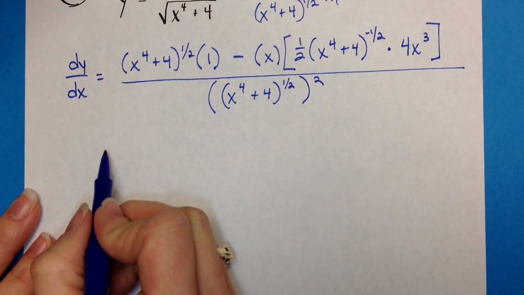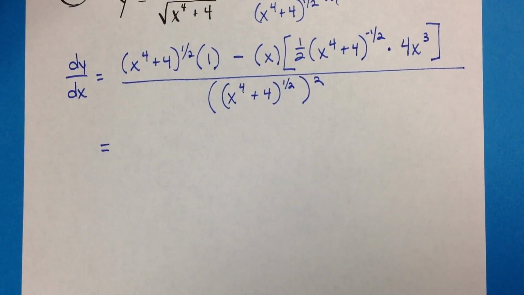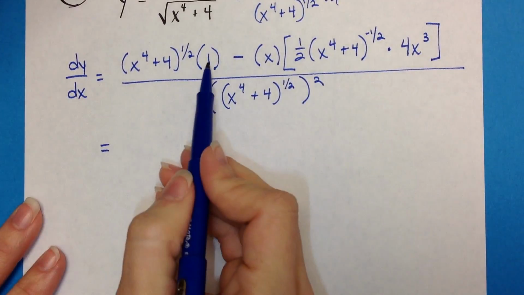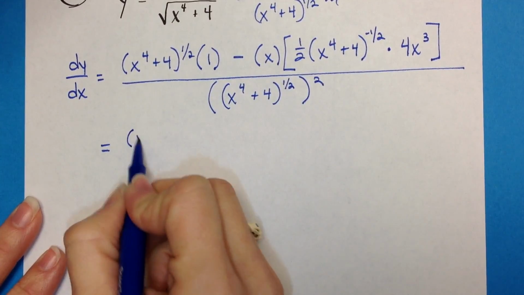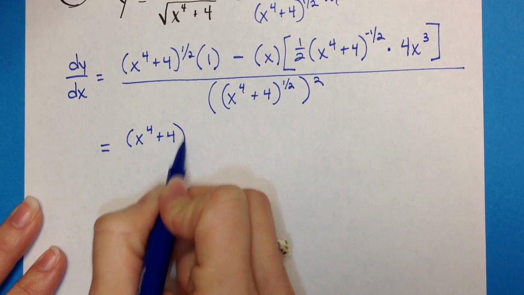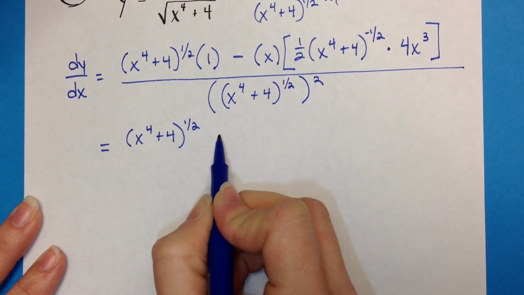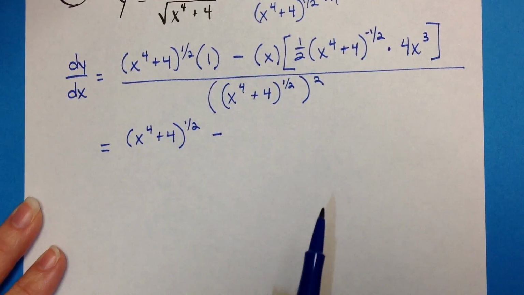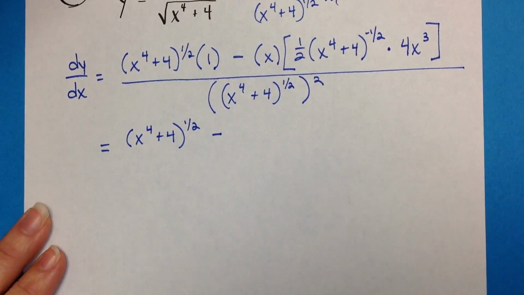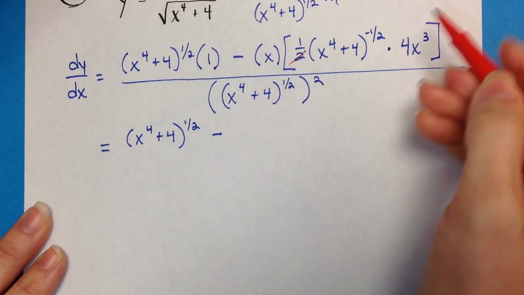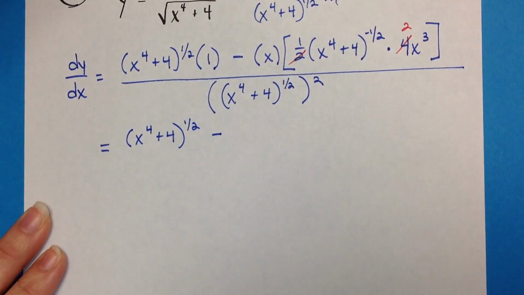Okay, so getting this simplified, as I've said, that's the hard part of all of these problems. Of course, this is just times 1. So that's not going to change. Okay, minus. Alright, a little bit of simplifying right here. This 2 will cancel, go into the 4 2 times.